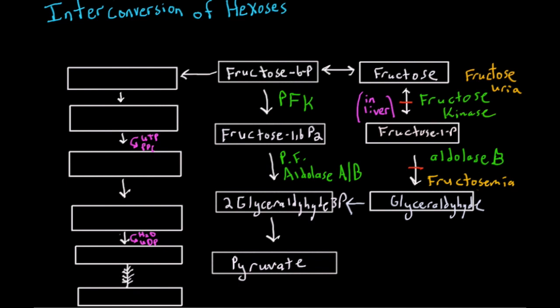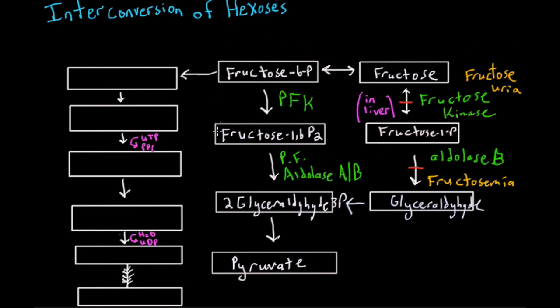You just have to simply avoid all fructose intake. So these are important. And as you can see here, the lack of aldolase B would mean that we would be able to process fructose down into fructose 1P, or we could process it over this way. But because aldolase is also responsible over here for the splitting of fructose into glyceraldehyde, without the aldolase B, we would have a buildup of fructose, which is why it ends up in our blood.